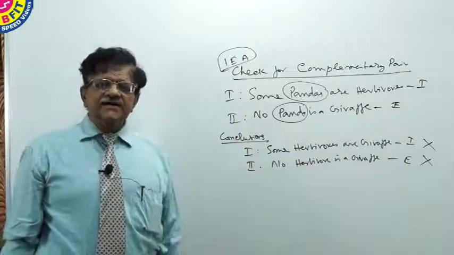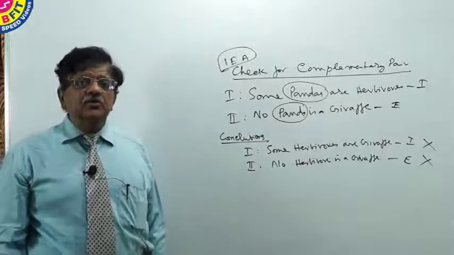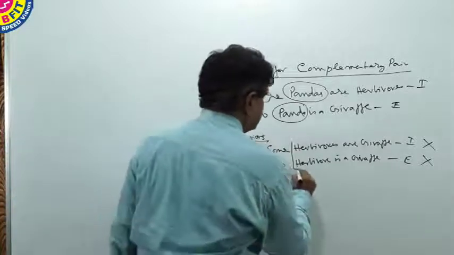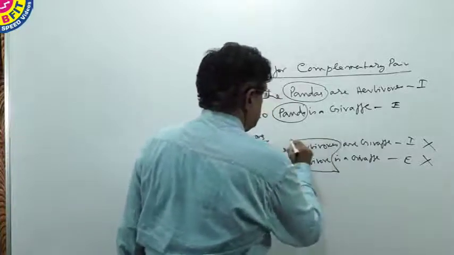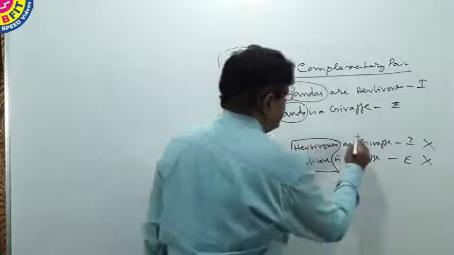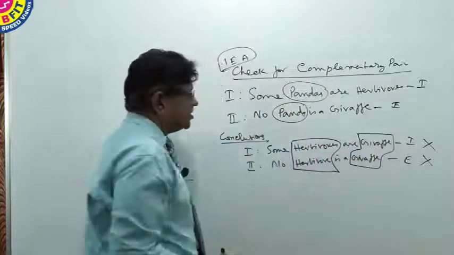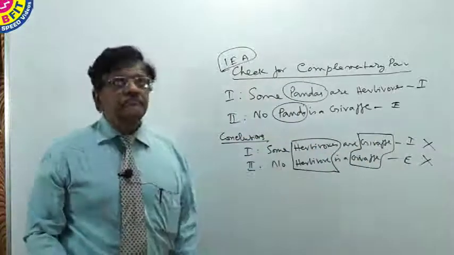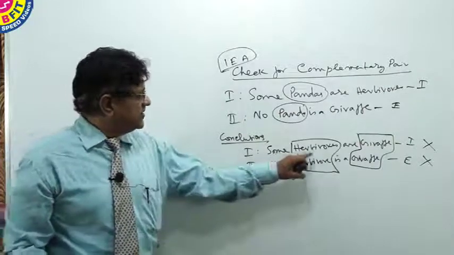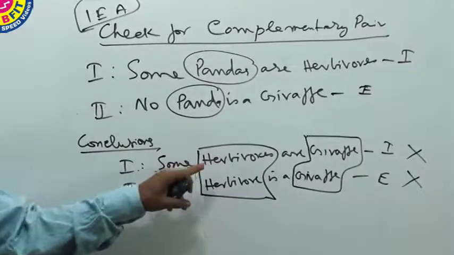What is the second condition to be tested for complementary pair? The subject and predicate of the conclusions must be the same. Let us check. The subject of the first conclusion and the second conclusion are the same.